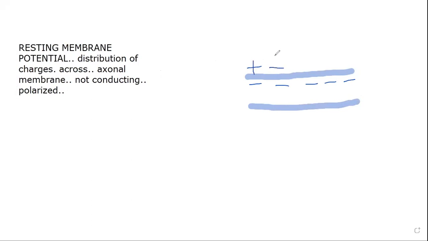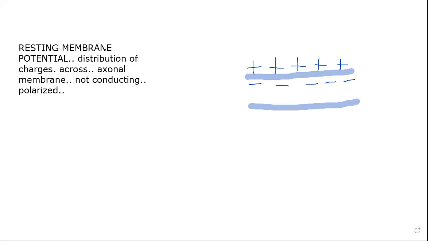A complete distribution of charges across the membrane. Look at this. We have a complete negative charge inside and a complete positive charge outside. These two different charges are totally separated from each other across the membrane. A neuron in this condition is said to be in a polarized state.